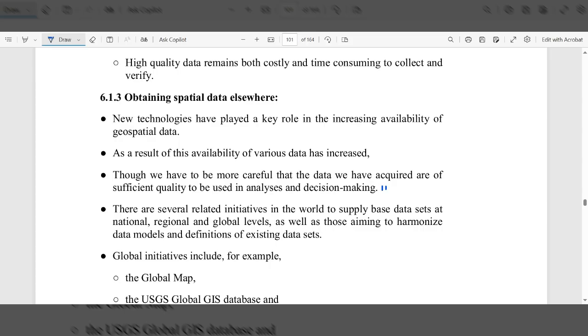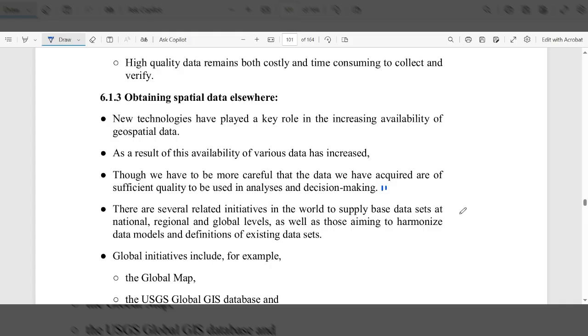So there are several related initiatives in the world to supply base data sets at national, regional, and global levels. Okay, so a number of organizations supply this information, right? National level geography, global level, as well as those aiming to harmonize data models and definitions of existing data sets. So there are certain companies that harmonize data sets or define the existing data sets, and even process data for you, right?